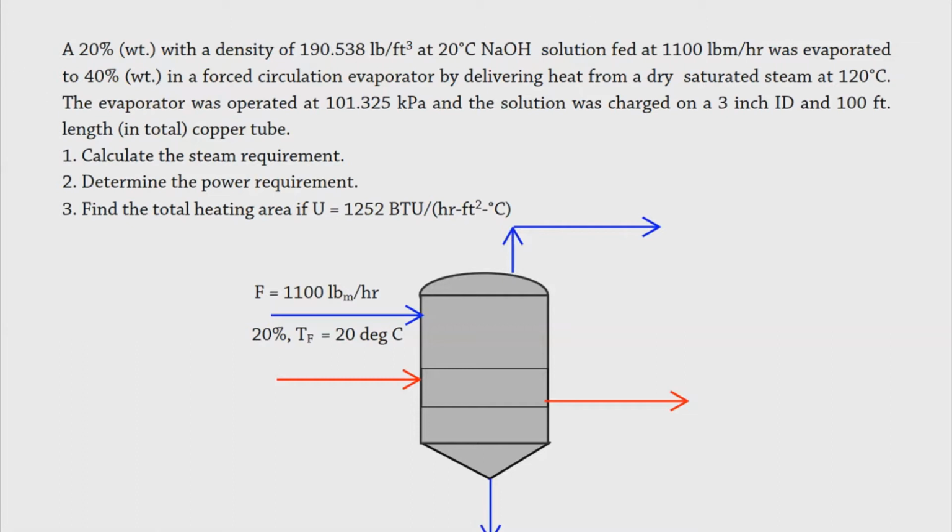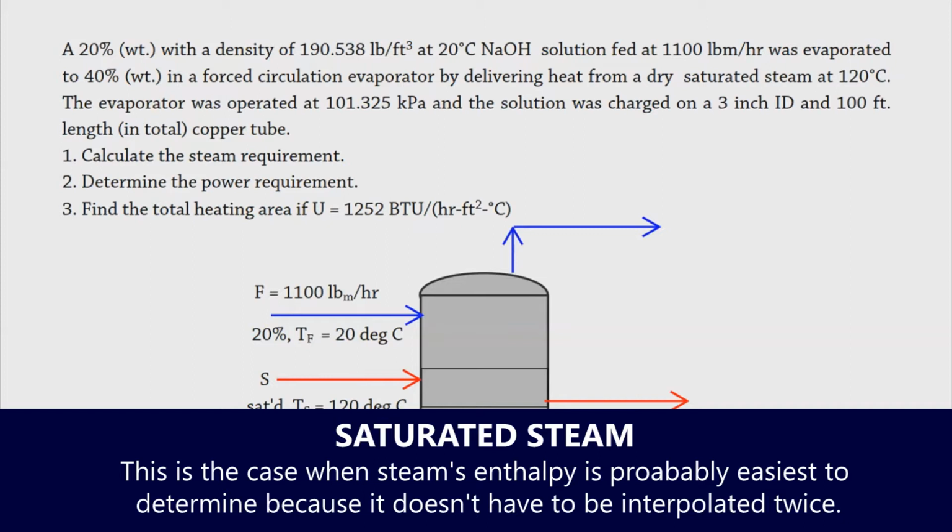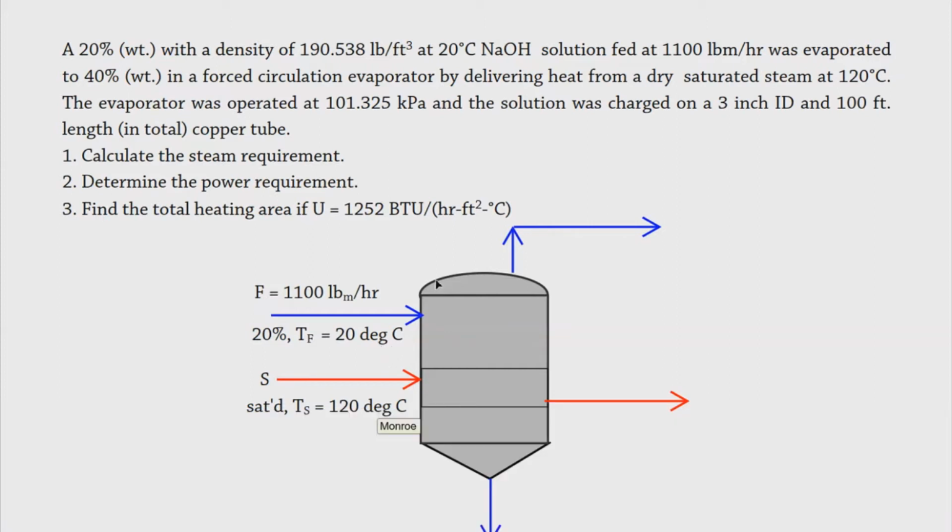Then we proceed with the steam. Let's just label it as S, and give its condition. It says here that it's saturated, at 120 degrees Celsius. You should always be happy when the steam is saturated, because it minimizes a lot of interpolation from the Perry's handbook compared to superheated steam or steam that is not at saturation condition.